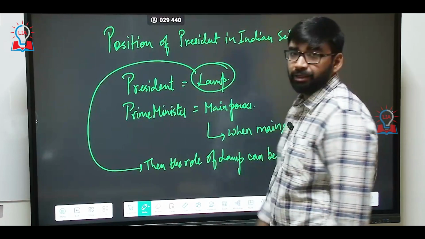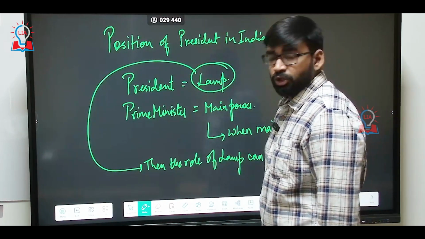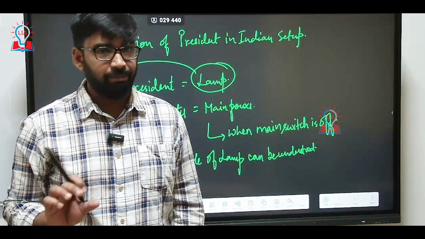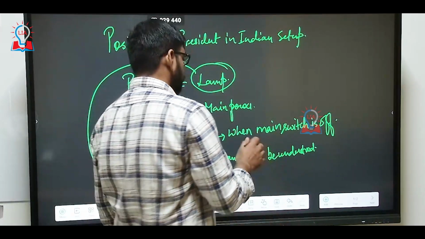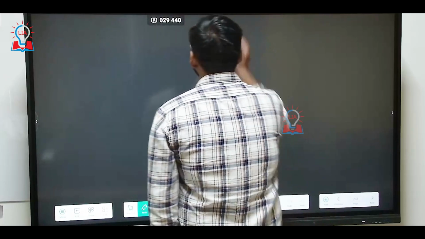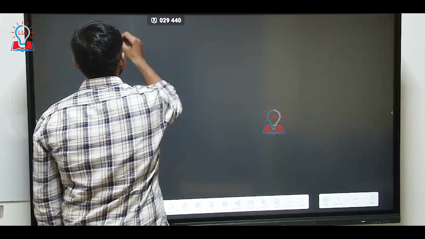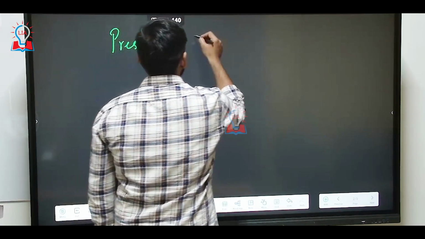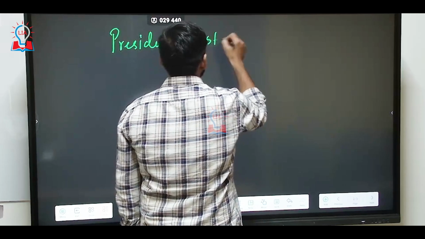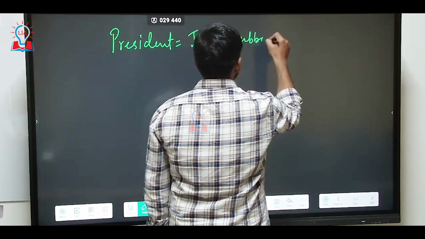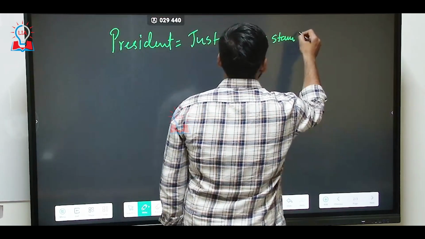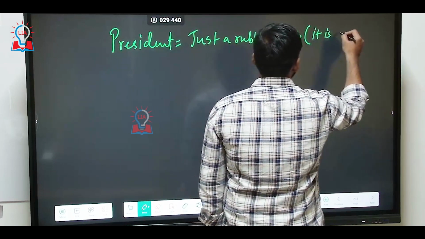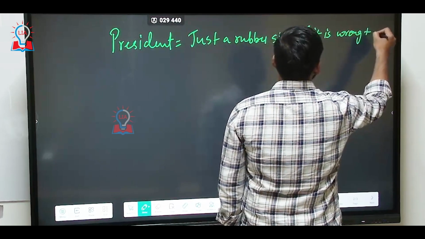Clear? So it is wrong to say that the president is just a rubber stamp.